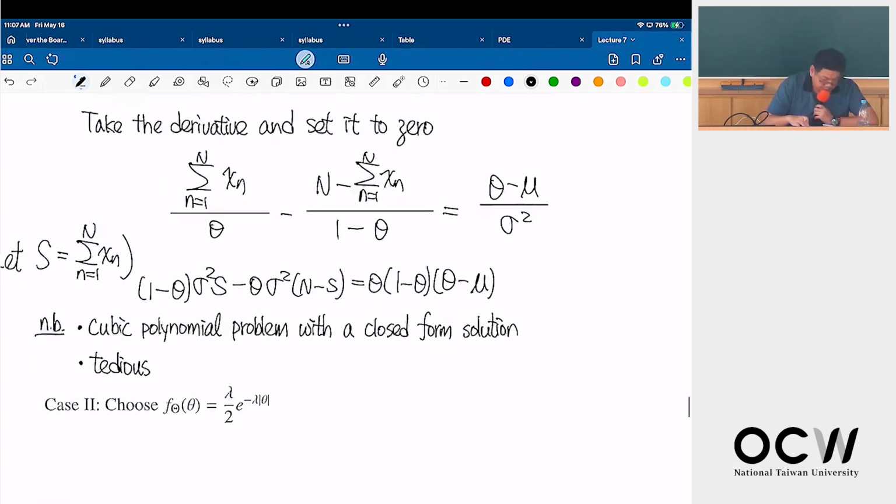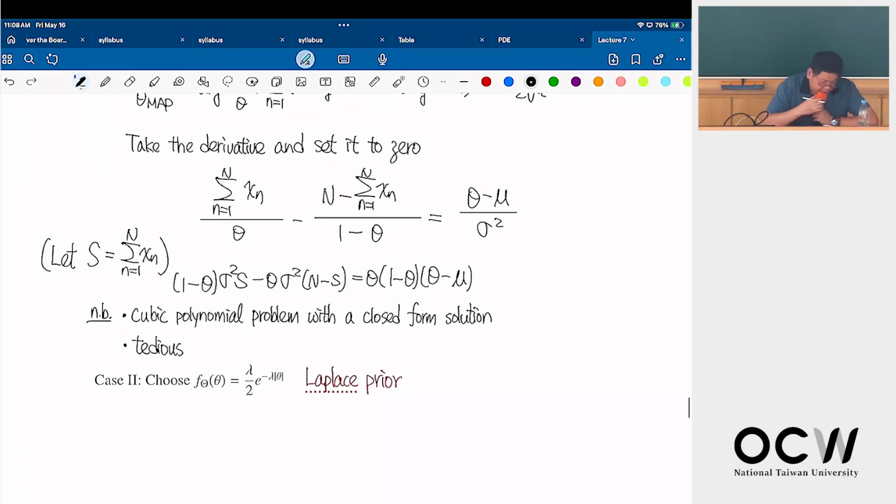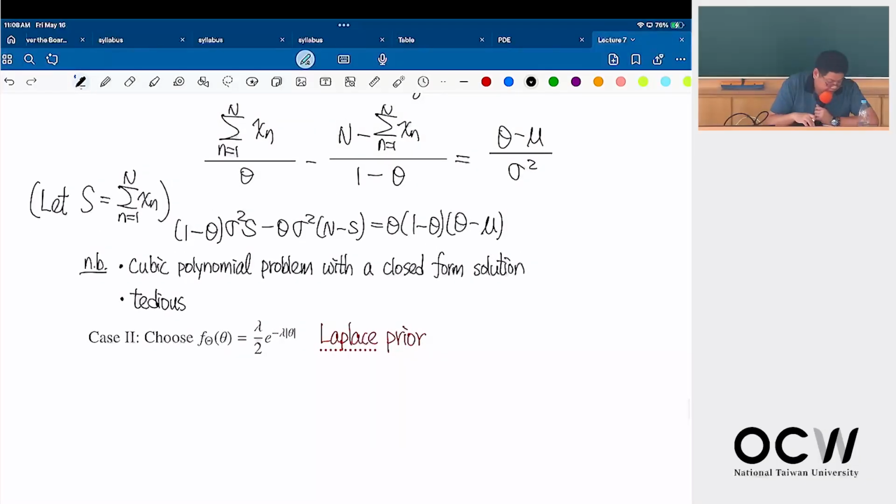The second prior is a Laplace prior. Then you can simplify your best theta.